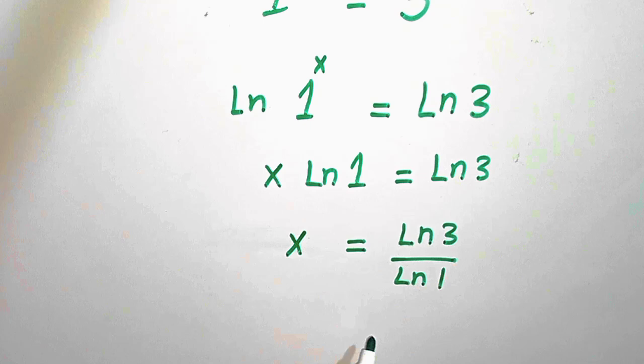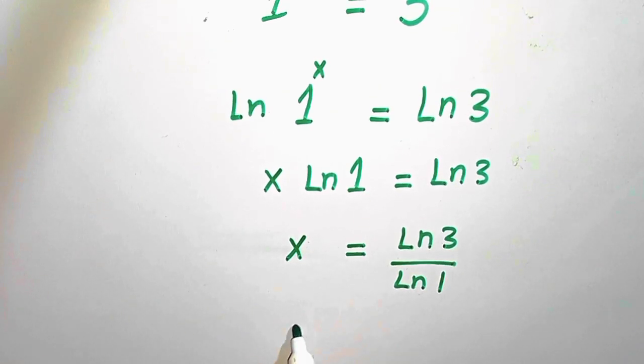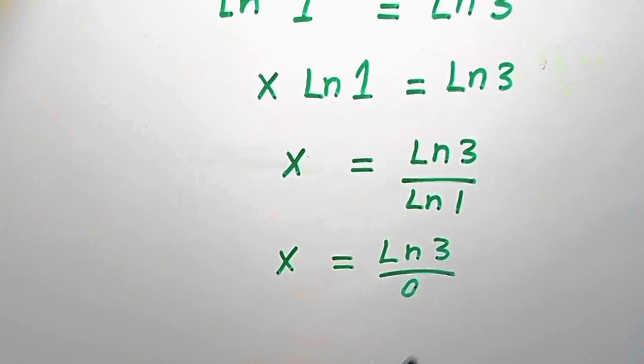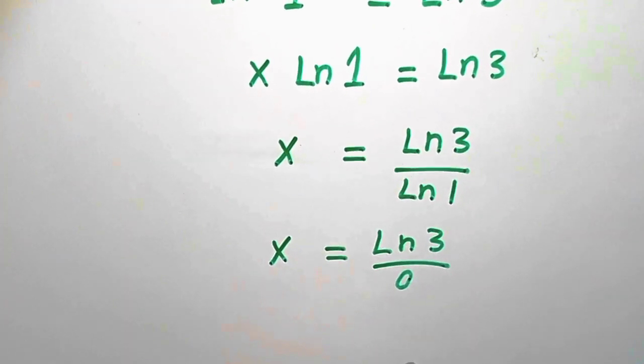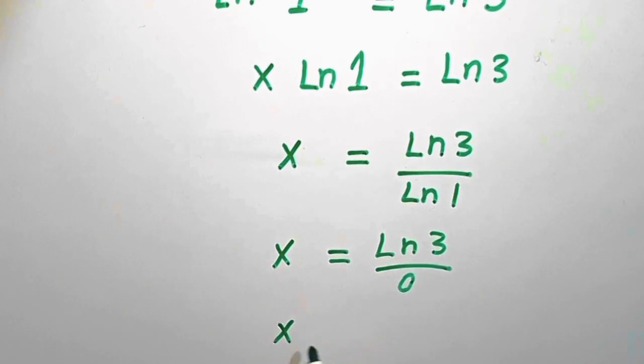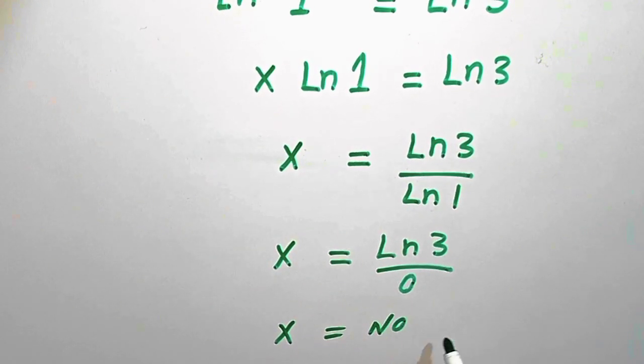Now we know that the value of ln 1 is 0, so x is equal to ln 3 divided by 0. So this is not possible. So here x has no real solution.